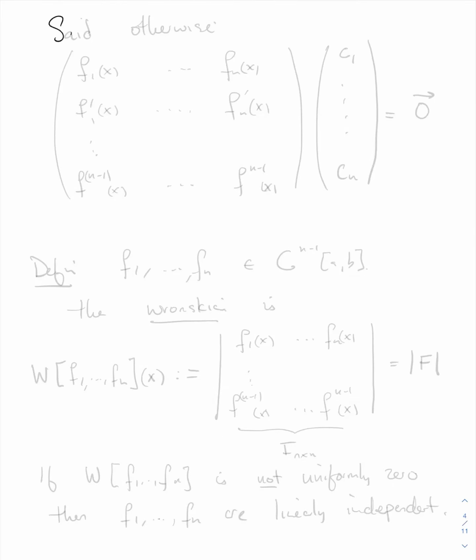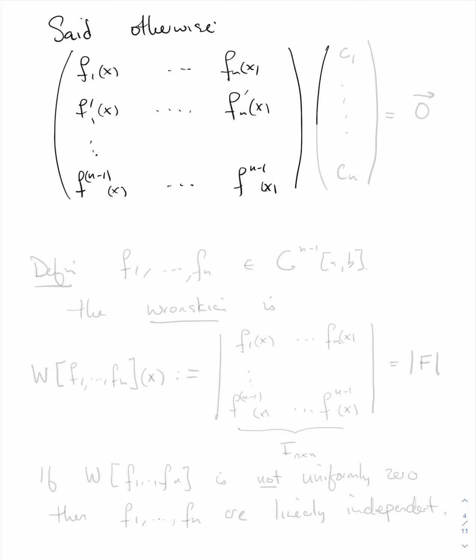Said otherwise, we've got f1(x) all the way over to fn(x), f1 first derivative, all the way over to fn first derivative, all the way down to f1 n minus 1 derivative through fn n minus 1 derivative, considered as a matrix, times the vector c1 through cn, where the ci's are real numbers, should be equal to the 0 vector, as in, the function that is uniformly 0.